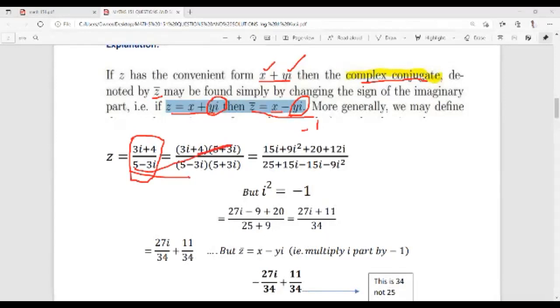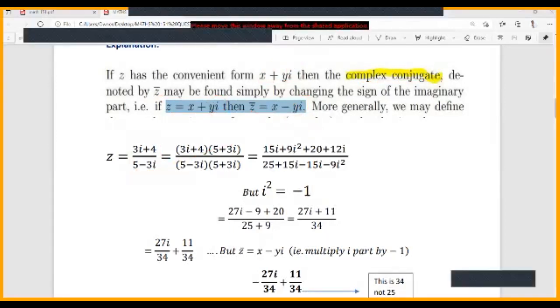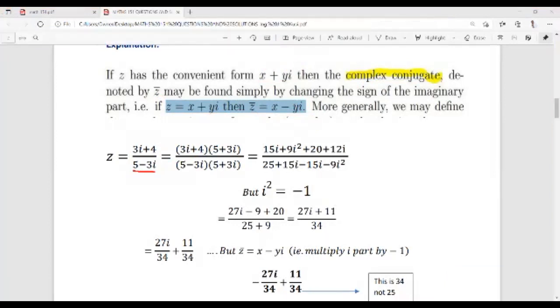You pick the denominator and look at the real part, and you multiply the imaginary part by -1. Once you multiply by -1, this minus becomes plus, positive. So you have 5 plus 3i.